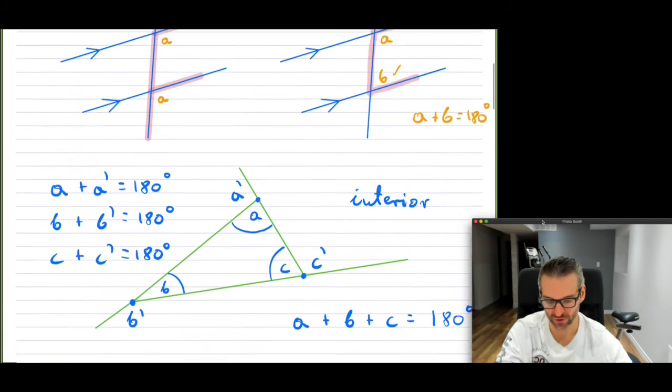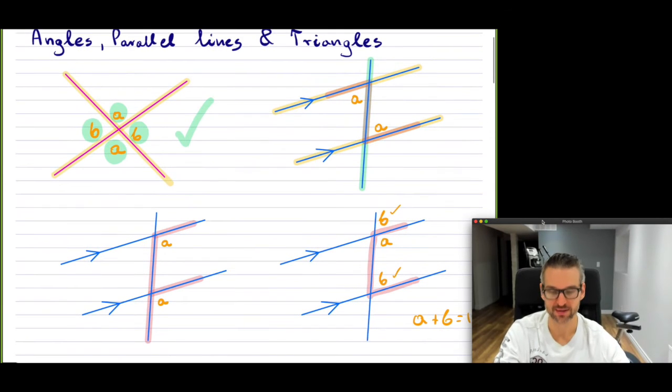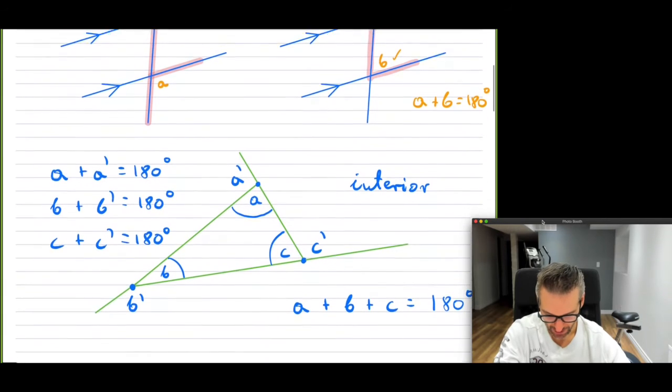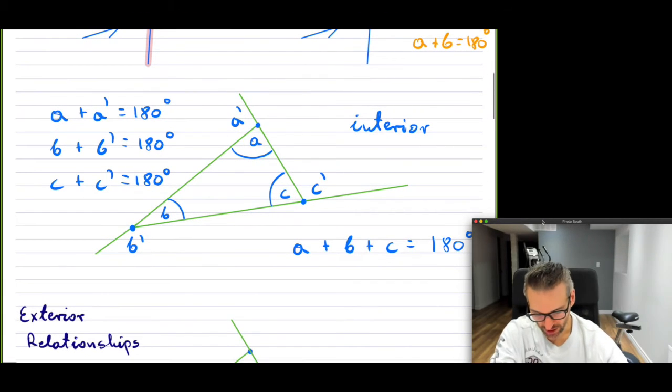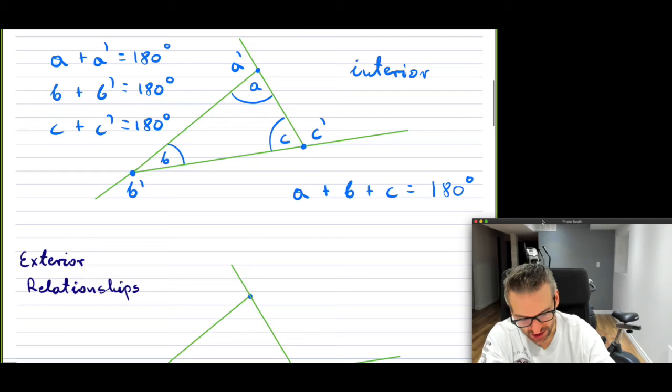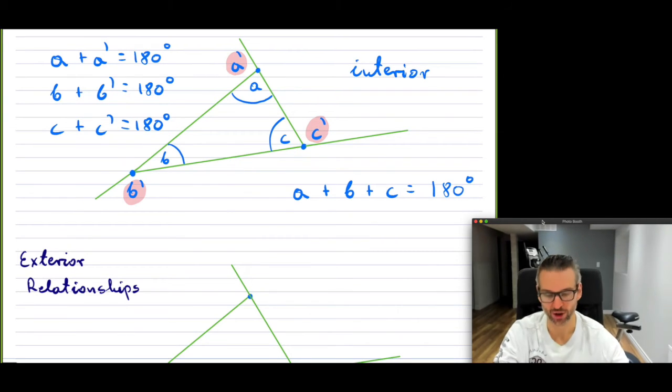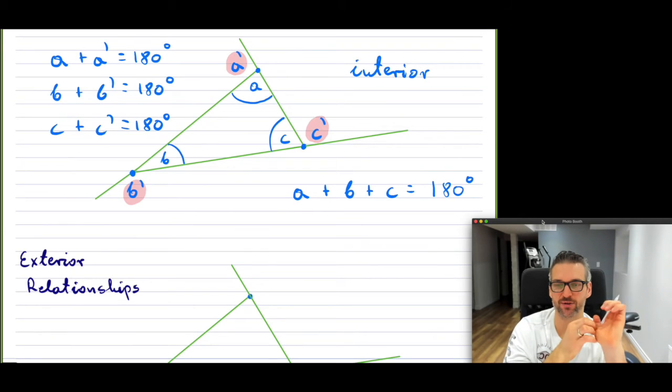This is all used just from the line properties that we had there. These particular angles, you can label them any way you like, but they are called exterior angles. All right, so those are the exterior angles.